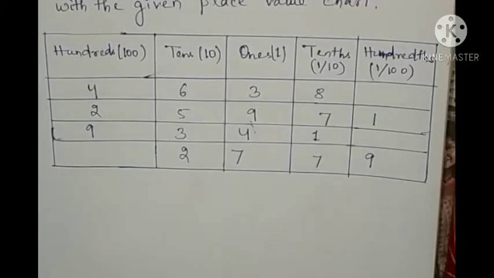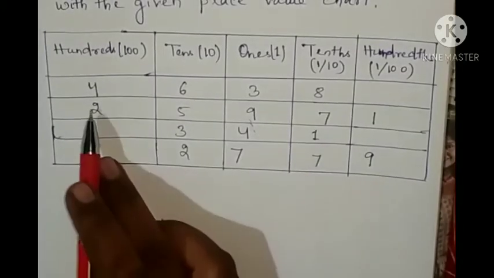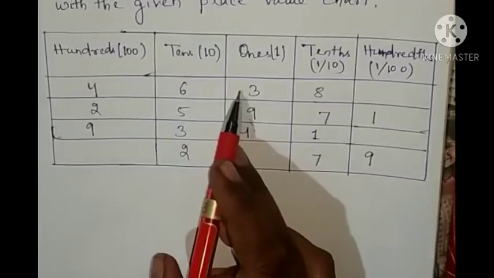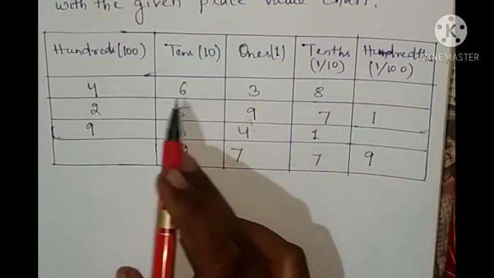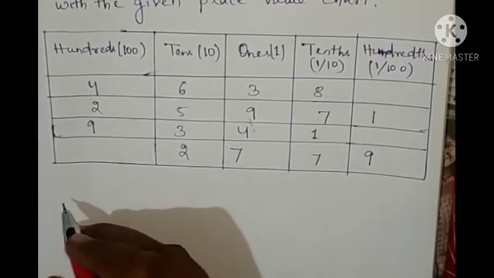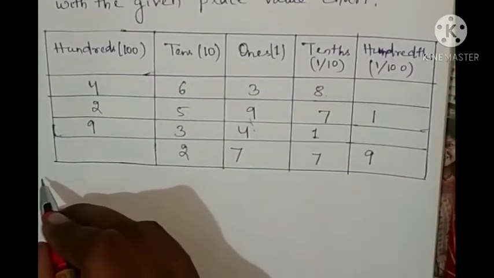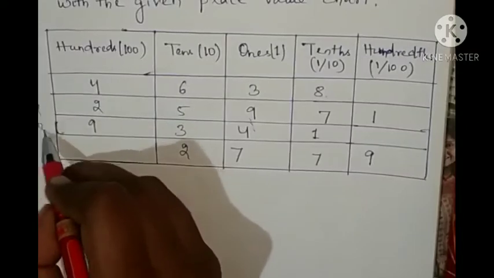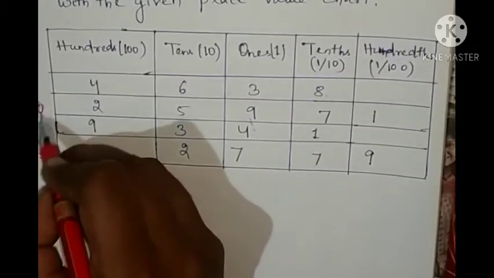So look here, this is given. First is 4, 6, 3, 8. So 4 is in the 100's place. So the number, you can write as 1, 2, 3, 4. I'll put like this.